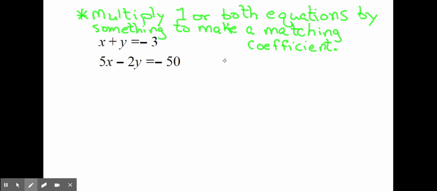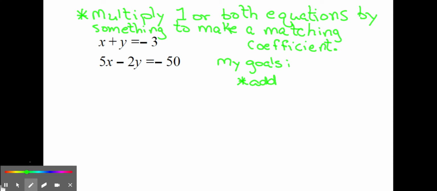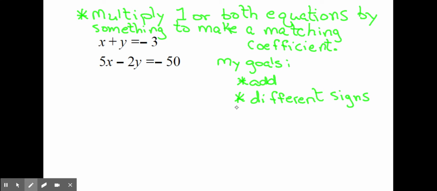I like to add the equations because I make fewer mistakes. And since I like to add, I want to multiply by something that gives me the same number but different signs. Okay?